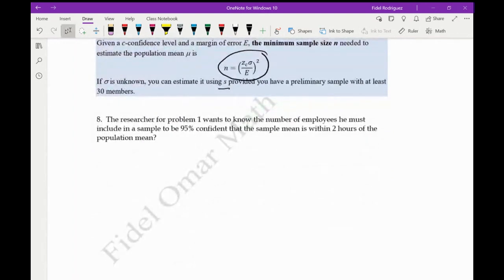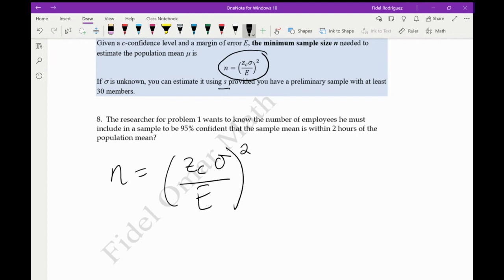All right, so let's take a look here. It says, the researcher for problem 1 wants to know the number of employees he must include in the sample to be 95% confident that the sample mean is within 2 hours of the population mean. So first thing I'm going to do, I'm going to write down my formula: N equals ZC sigma over E, all this being squared.